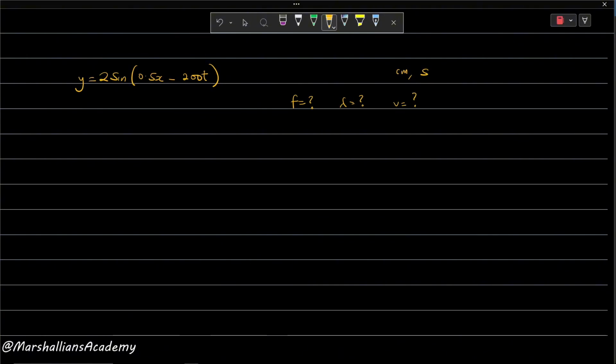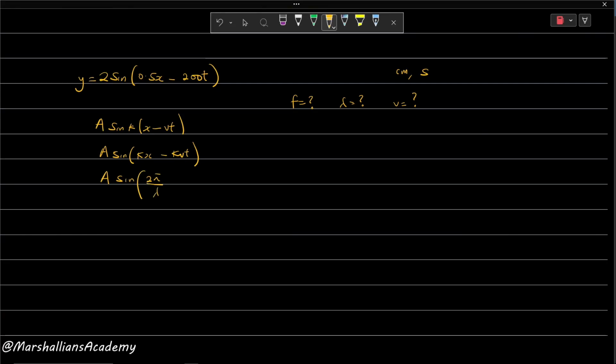Let's start from the normal equation of the wave. A sine k into bracket x minus vt. Remember this equation, right? But look at it, there is nothing in front of the sine. So let's try and push the k inside. I'm going to be writing a sine, open bracket, kx minus kvt. So let's substitute all the k's. Recall that k is 2 pi over lambda.